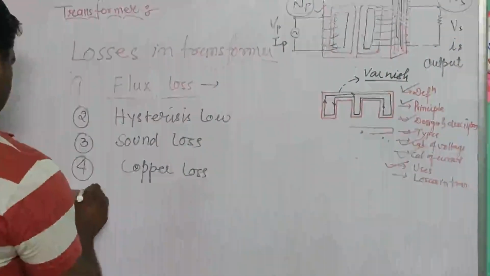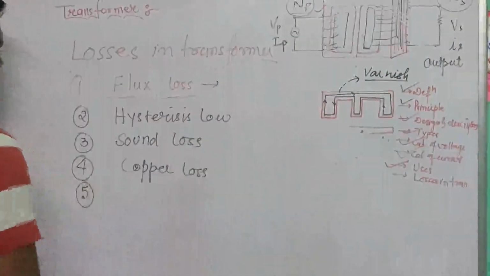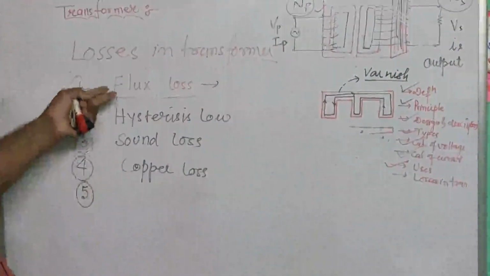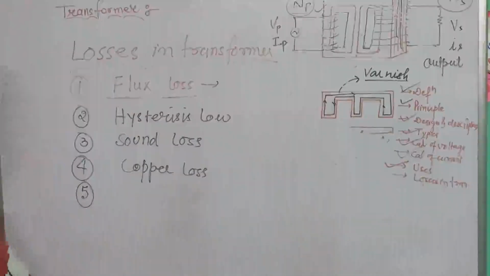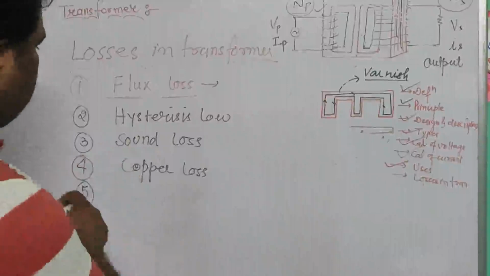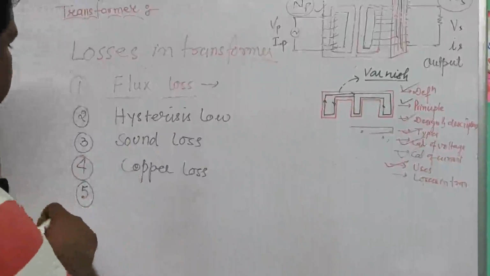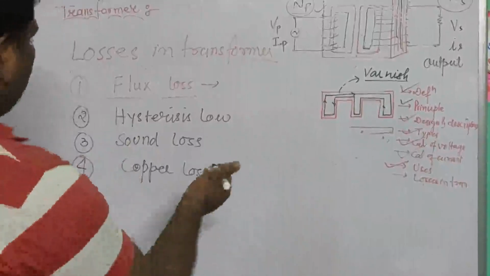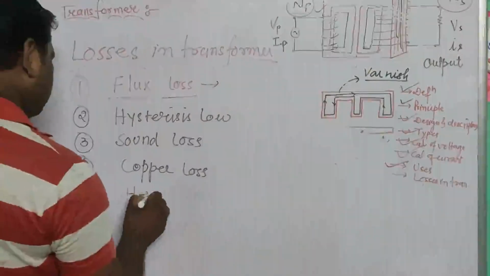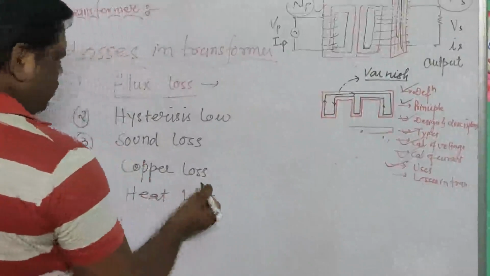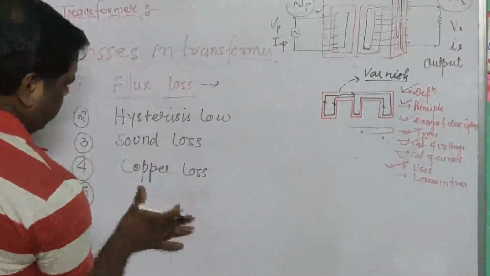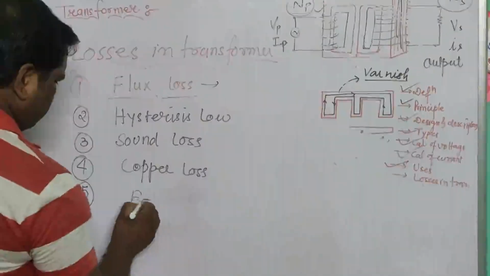And the next one: flux loss, hysteresis loss, sound loss, and copper loss. You may write heat loss because of eddy current, or you may write eddy current.